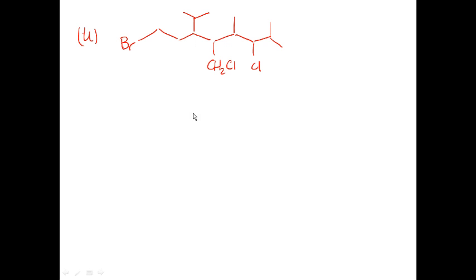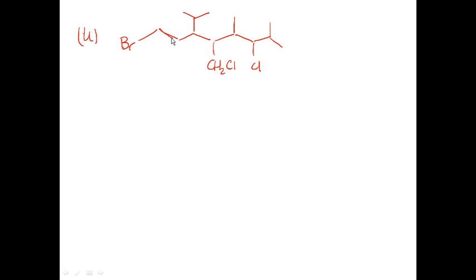So the question is, what is the longest continuous carbon chain in this molecule? So I'm looking, I got a 1, 2, 3, 4, 5, 6, 7, 8 carbon chain, and another 1, 2, 3, 4, 5, 6, 7, 8 carbon chain. So I got 2 8 carbon chains in the molecule.